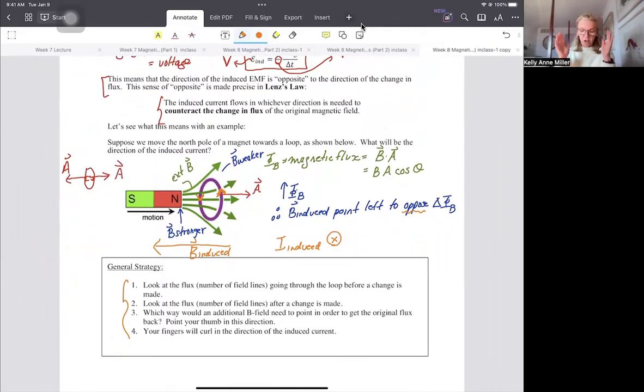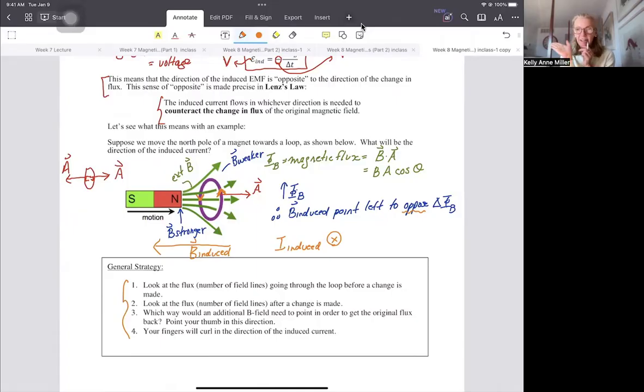The first step is to look at the flux, the number of field lines going through the loop. I always set up my area vector pointing in the same direction as the external B field, just so that I don't have to think about a negative flux increasing or decreasing.